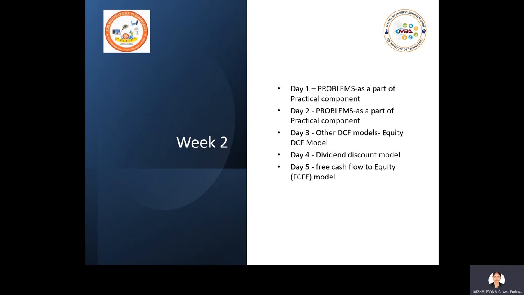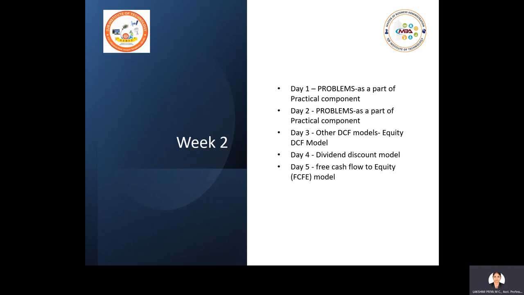As discussed in week 1, the enterprise discounted cash flow model involves 5 steps in valuing the firm: analyzing historical performance, estimating the cost of capital, forecasting performance, determining the continuing value, and calculating the firm value and interpreting the results.